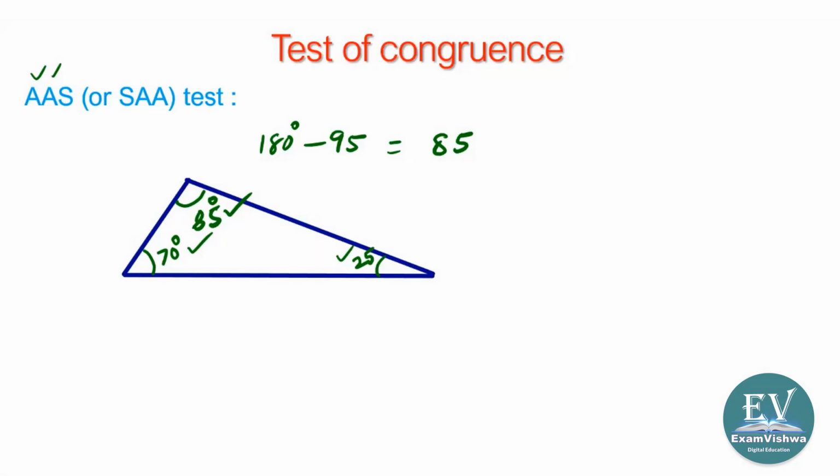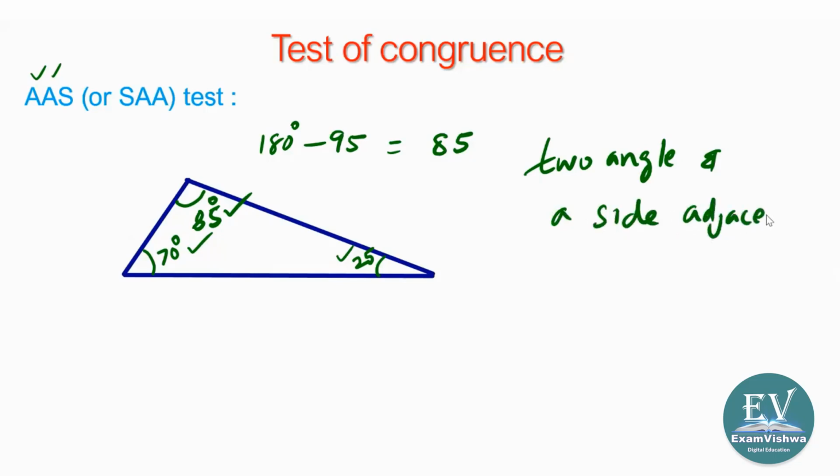Okay. So if two angles and then a side adjacent to any one of the angles, adjacent means in touch with, are congruent with corresponding parts of the other triangle, then we will simply call this condition, just like we studied before, the AAS test.